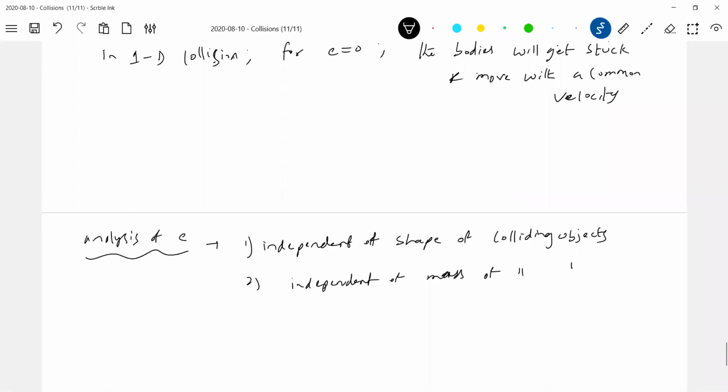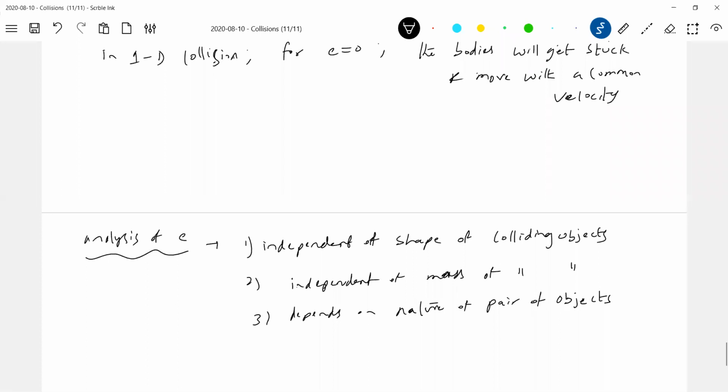It exclusively depends on the nature of the material of colliding objects. It depends on the nature of a pair of objects, not for one object. We never define e for one object, only for a pair of objects.